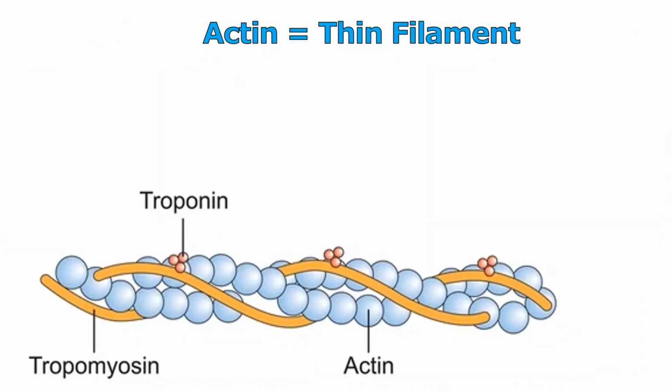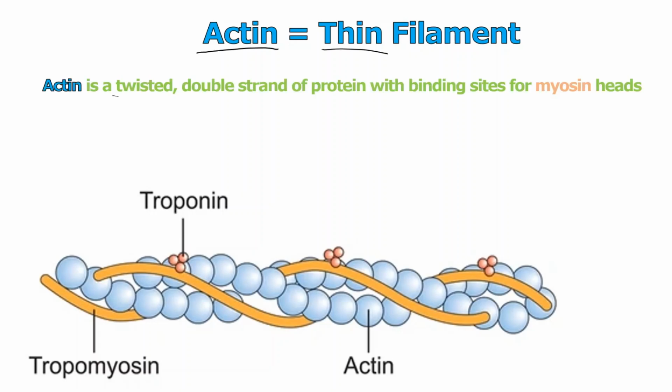Okay, so here is actin. It's one of those 3 important proteins here, but 2 of them, actin and myosin, are the most important. This one is called the thin microfilament. Sometimes that's all it's referred to as, the thin filament. It's made up of kind of a double helix, a twisted double strand of protein, right?